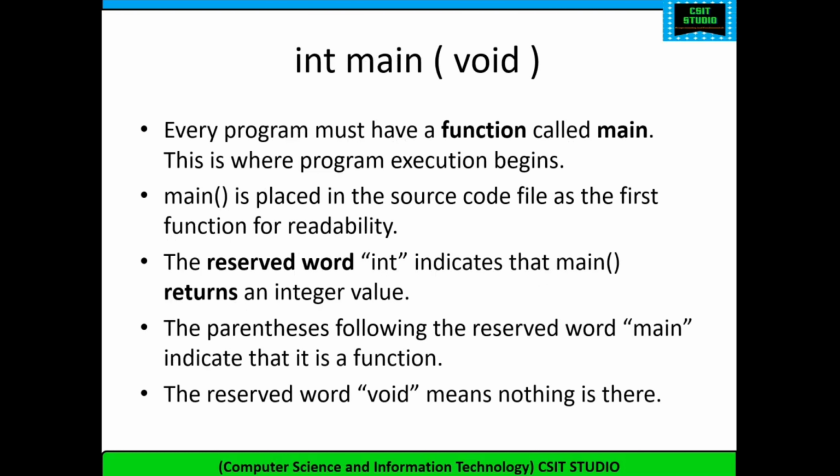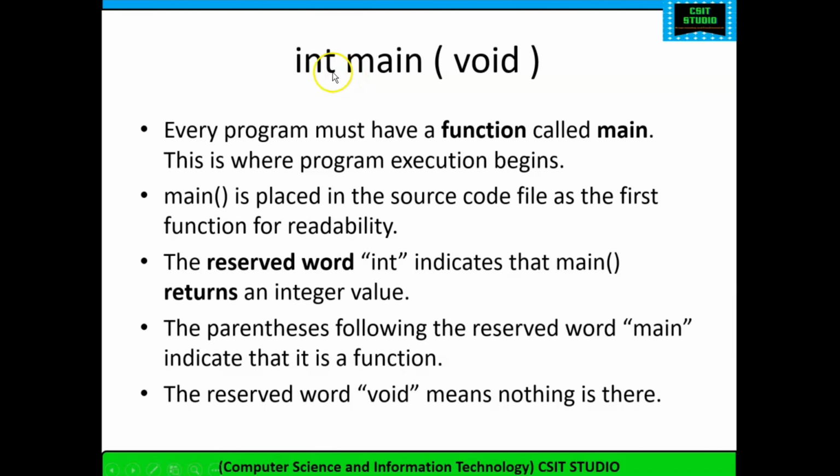In every C program, there should be a main function, and this function basically holds the execution of the program. From the first line of the main function, the program's execution begins and it terminates at the last line of main.